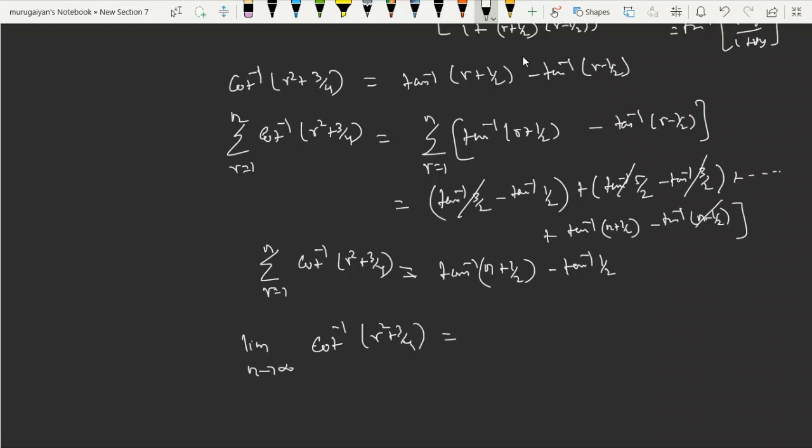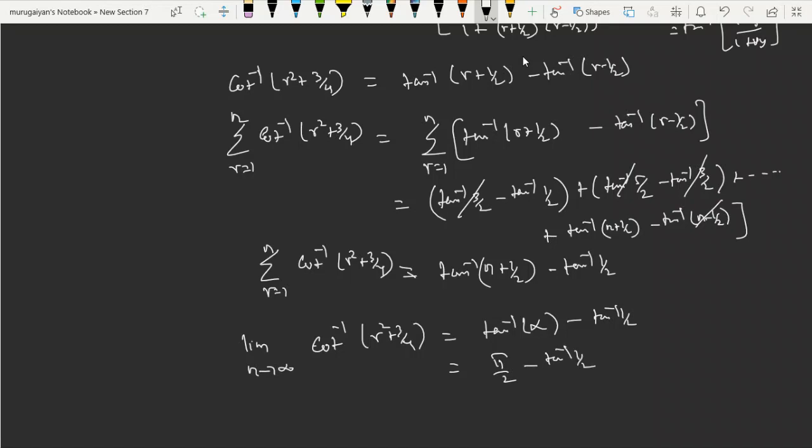Taking the limit, first term tan inverse of infinity minus tan inverse of 1 by 2. The tan inverse of infinity is nothing but pi by 2. So pi by 2 minus tan inverse of 1 by 2.